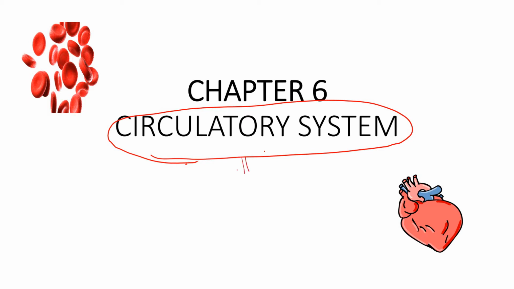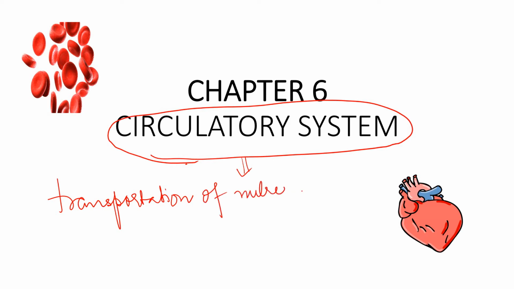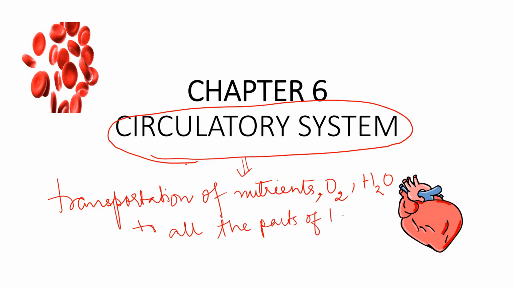if we say the definition of circulatory system, it is the transportation, right? It is the transportation of nutrients, then comes oxygen, then comes water, to all the parts of the body.